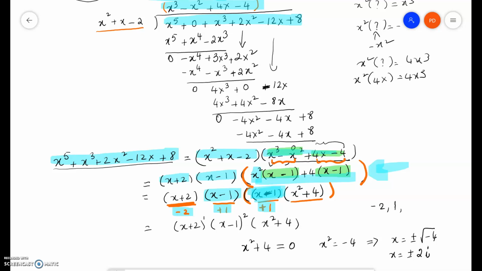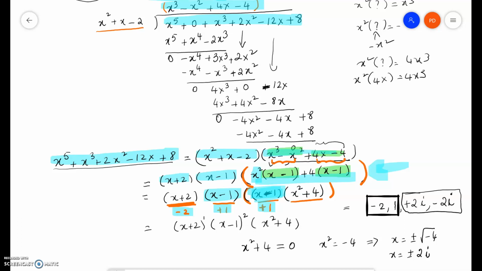So now we have all the roots, or all the zeros, both complex and real. So these two are the real zeros, these two are the imaginary zeros. So we have a total of 4 zeros.